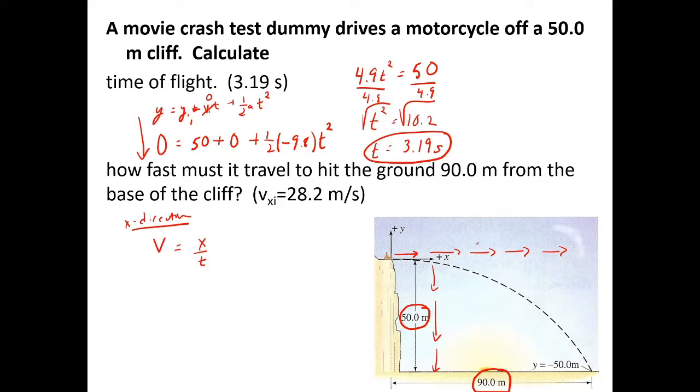It just keeps going at the same speed that it came off the cliff. So in the x direction, they told us it went 90 meters in 3.19 seconds. Now 90 divided by 3 would be about 30. That's 3.19. So that's our 28.2 meters per second. I think I can get rid of that. There we go.